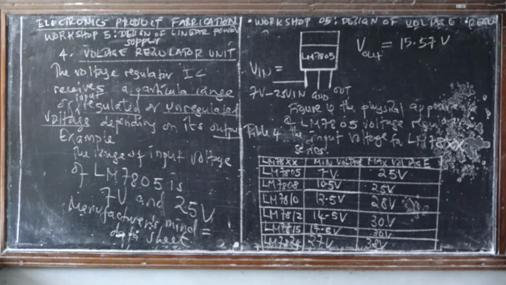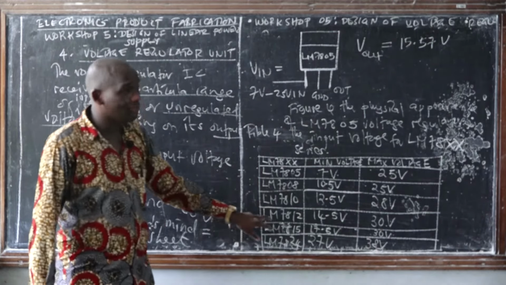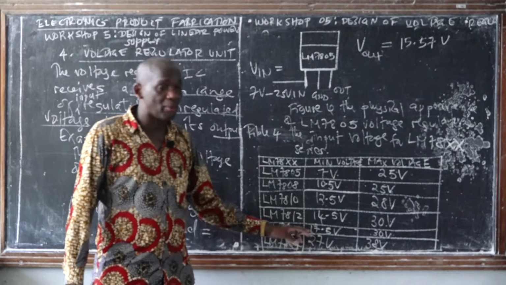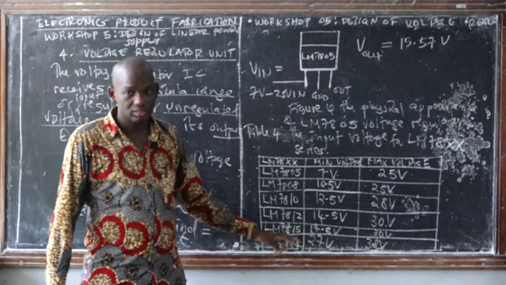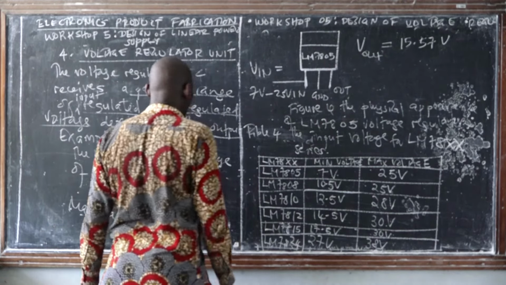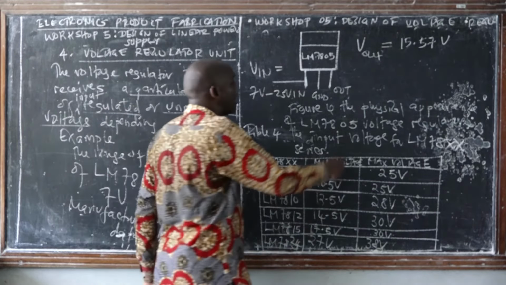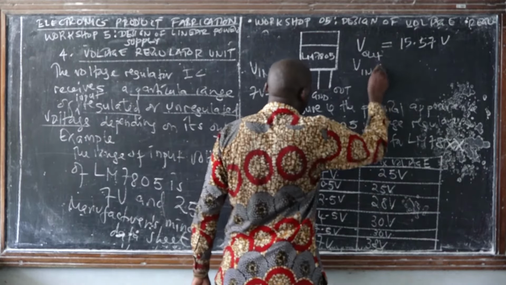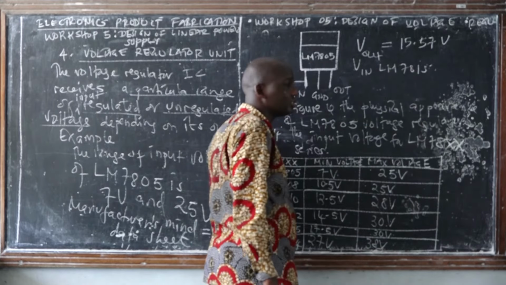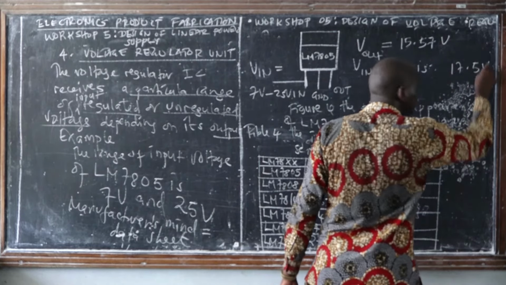So, for instance, in your design you want to use LM7815. What is the recommended minimum input voltage? 17.25 volt.